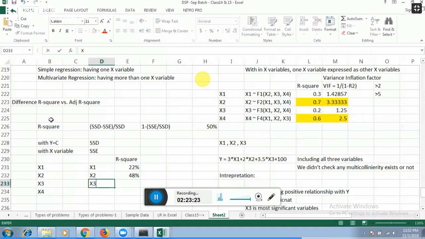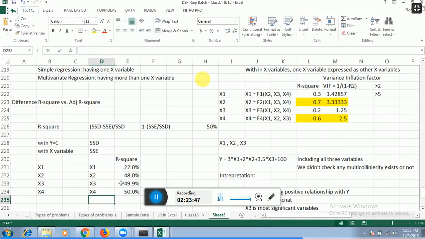By including x3, 50%, or maybe 49.9%. By including x4, 50%. Okay.